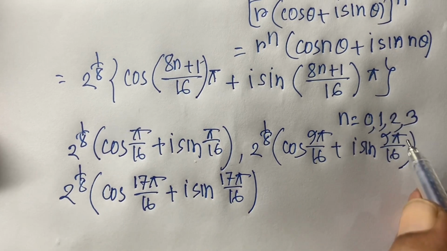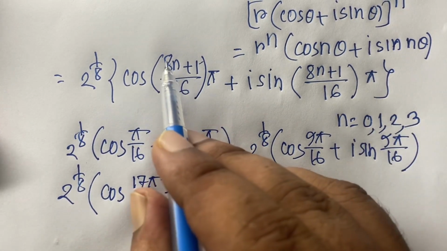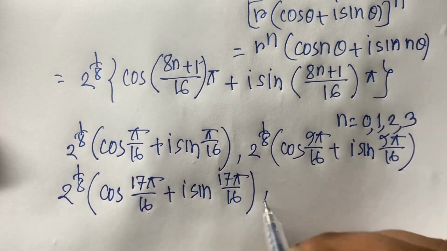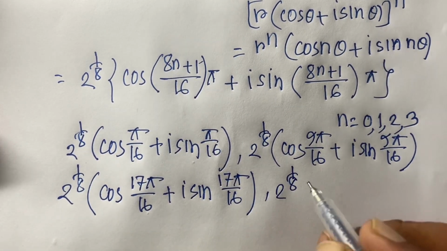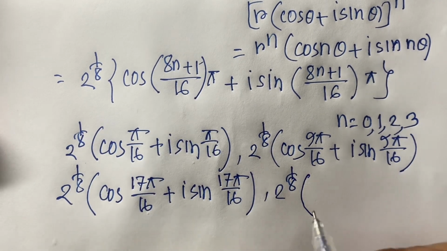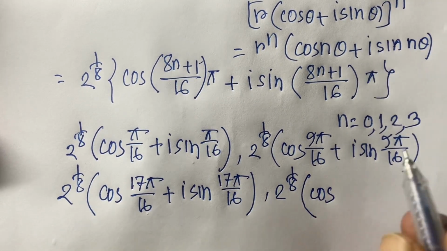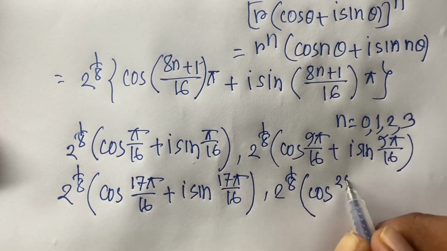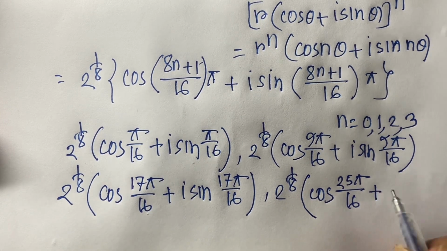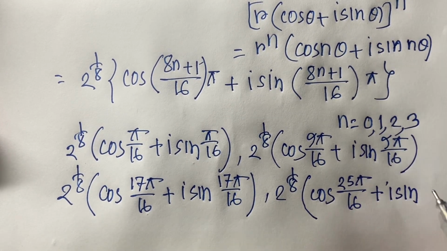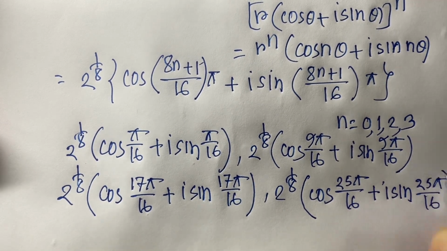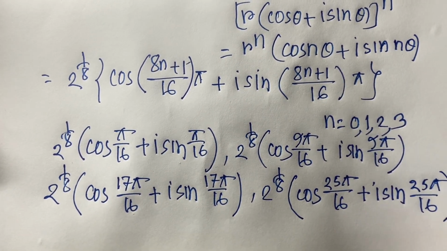And when n is equal to 3, 3 times 8 is 24, 24 plus 1 is 25, so 2 to the power 1 over 8 times cos 25 pi over 16 plus i sin 25 pi over 16. This is our final answer.